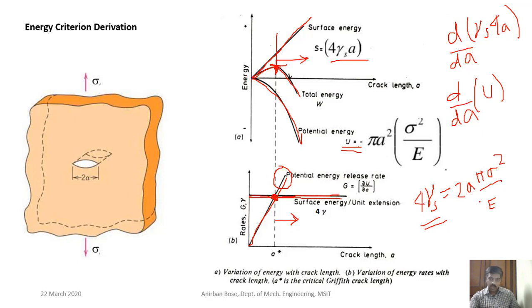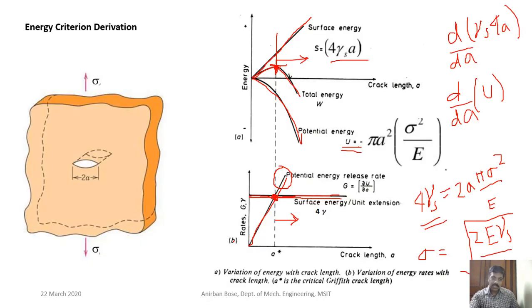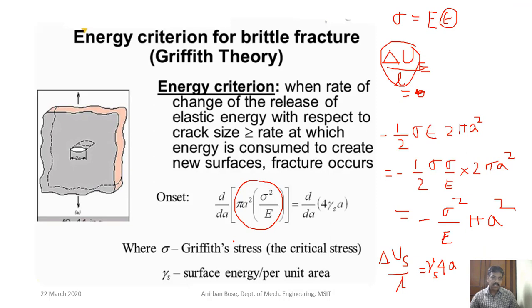Okay, so from there you can easily show that this sigma comes to be sigma = square root of 2E gamma S by pi A. Okay, so this is the same result you can see. So this is the Griffith's criteria. From the Griffith's criteria, the criterion is the rate of energy release.